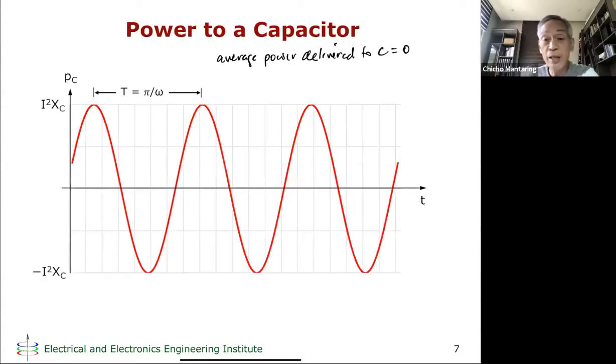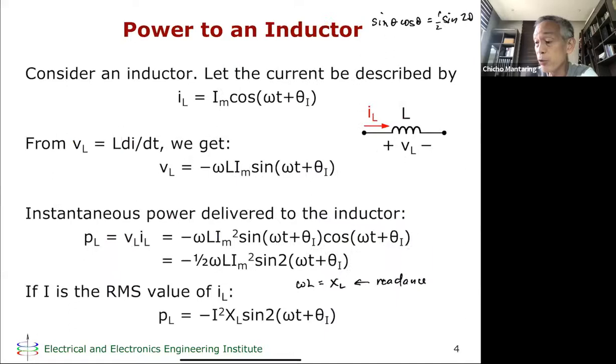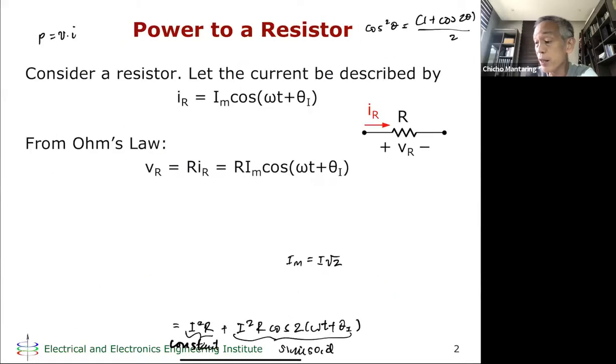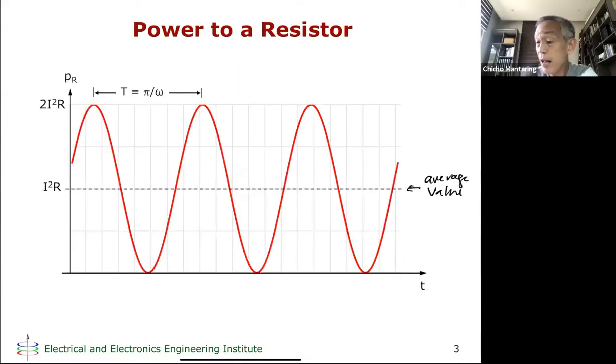So in summary, if you have an AC current passing through a resistor, only there is average power delivered. That's the only time there is an average power delivered. And that average power, let's go back to the resistor, is equal to I squared times R, where I is the RMS value of my current.